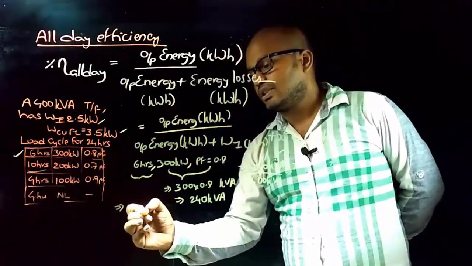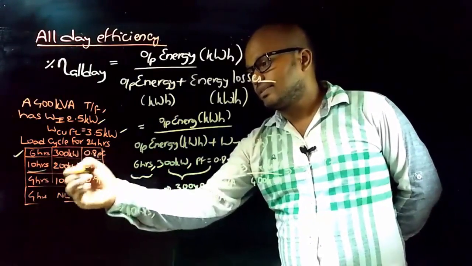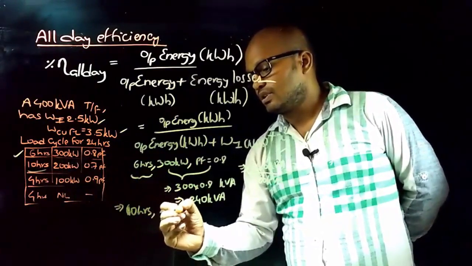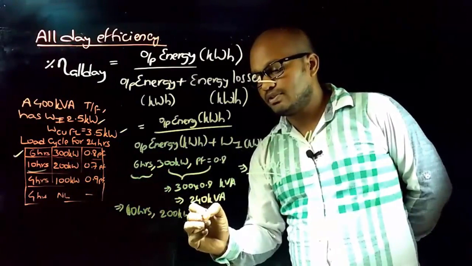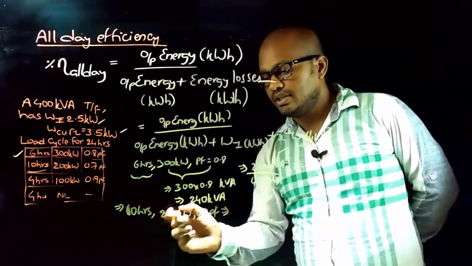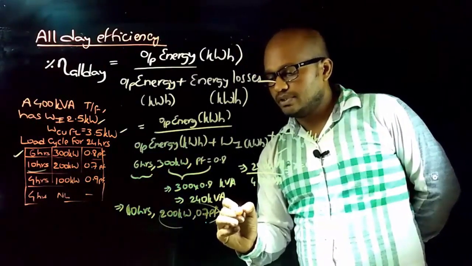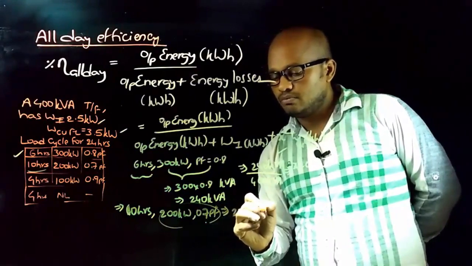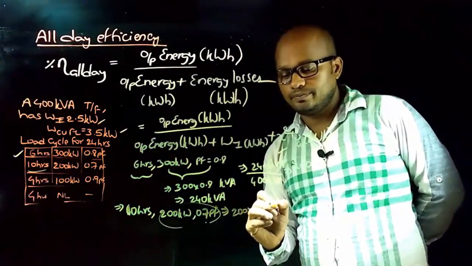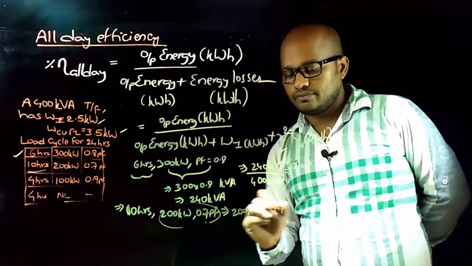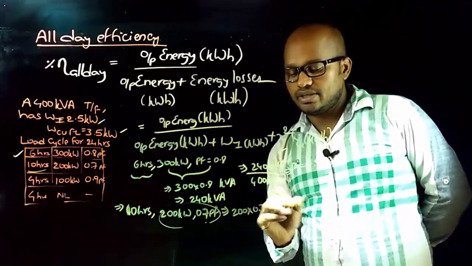And similarly, find the loading on the transformer for these 10 hours. For these 10 hours, the transformer output is 200 kilowatts at 0.7 power factor, which implies in kVA it is 200 into 0.7, which is equal to 140 kVA.